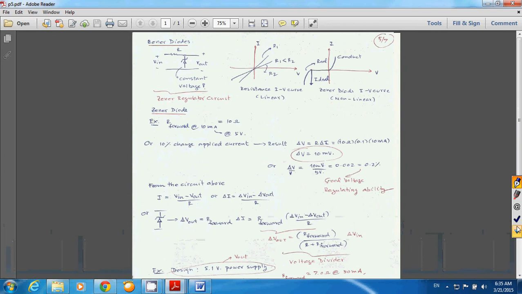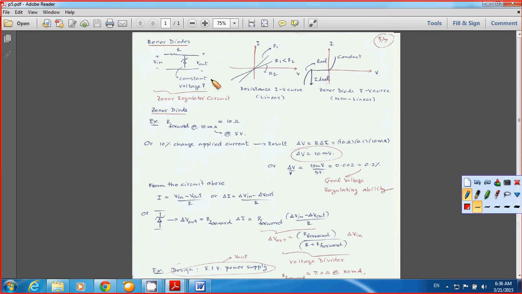Next, since we're talking about a constant output voltage, that's why we bring up our Zener diode here. The way you connect your Zener diode will give you the constant output voltage.